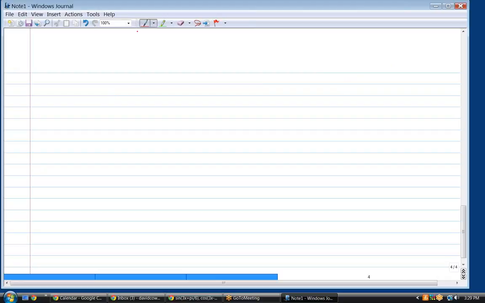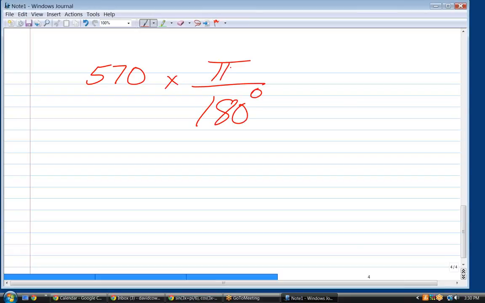The next one is convert degrees to radians. It's 570 degrees. This time we're going to multiply by pi over 180, since we want to lose the degrees.